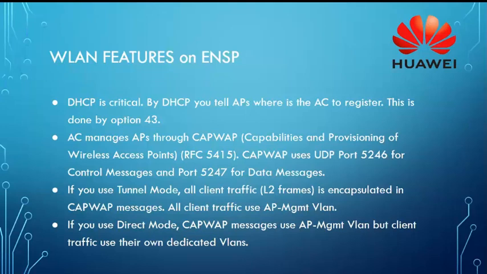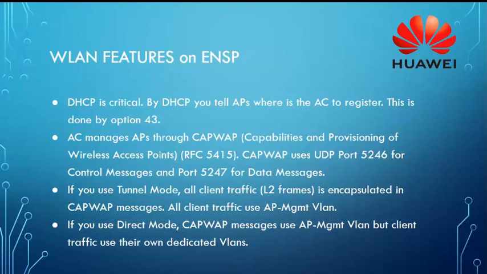All the traffic from the clients is encapsulated in the CAPWAP payload of the CAPWAP messages between the AP and the AC. So if you're using a VLAN for the CAPWAP traffic, the AP management VLAN, all the client traffic is encapsulated on that VLAN.